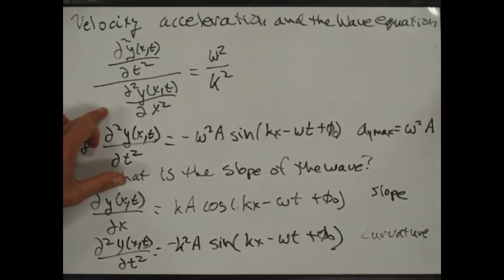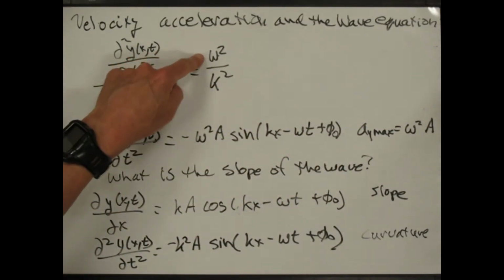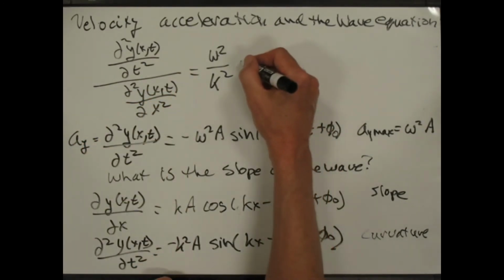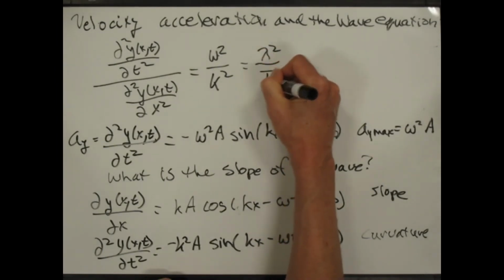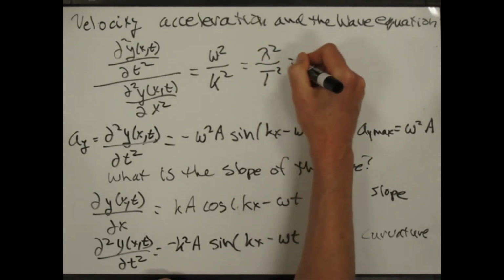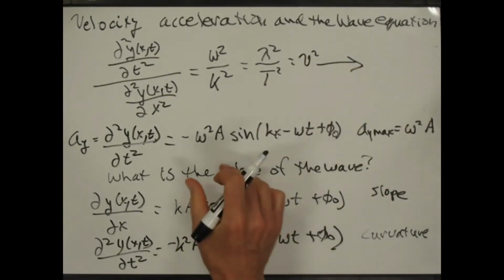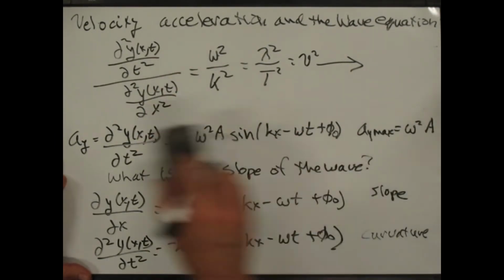We just said this is 2 pi over the period. Omega is 2 pi over the period, k is 2 pi over the wavelength, and so this becomes the wavelength squared over the period squared, which is just equal to the velocity squared. This is a horizontal velocity of the wavelength divided by the period.